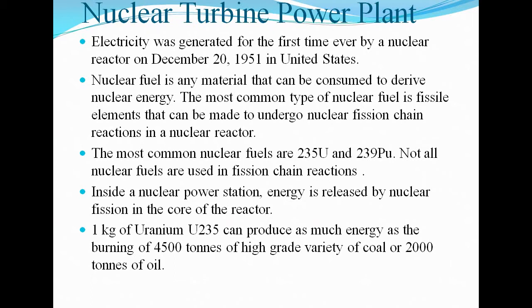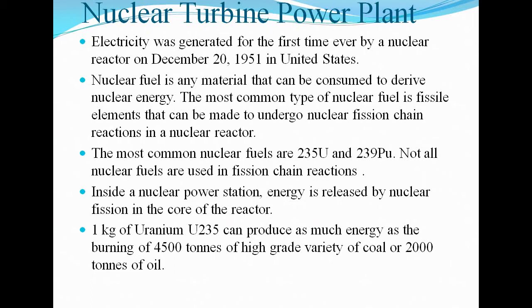Not all nuclear fuels are used in fission chain reaction. Inside a nuclear power station, energy is released by nuclear fission in the core of the reactor that we are going to see in our next slides.